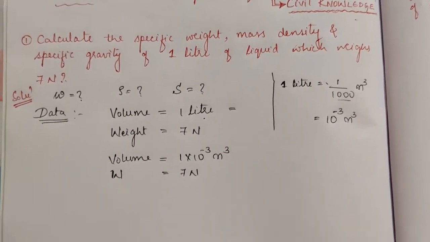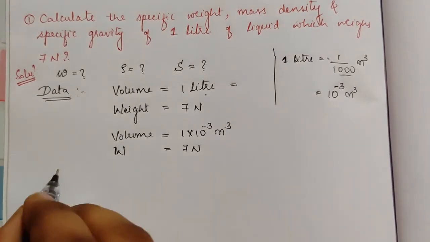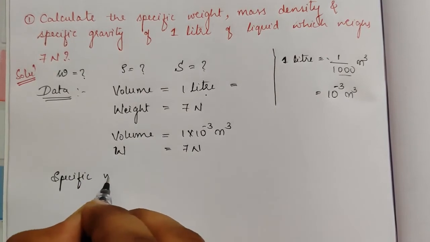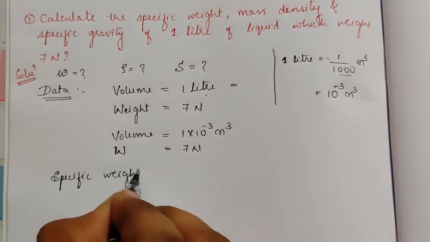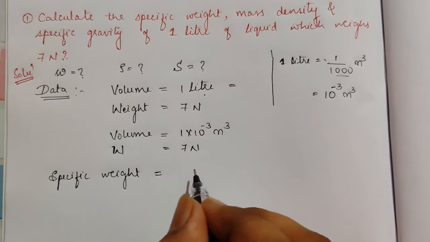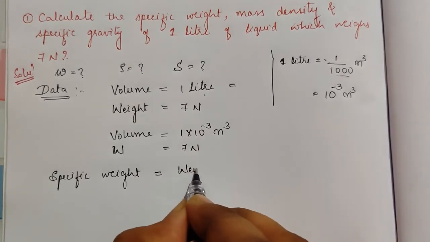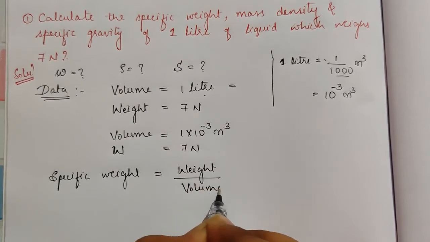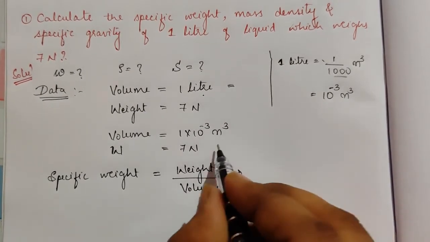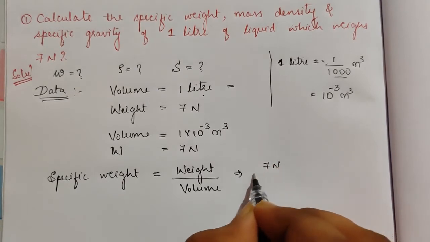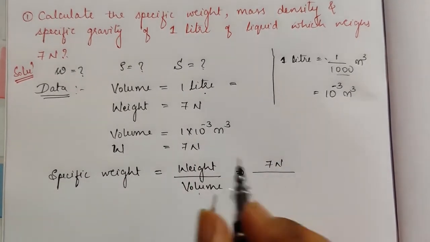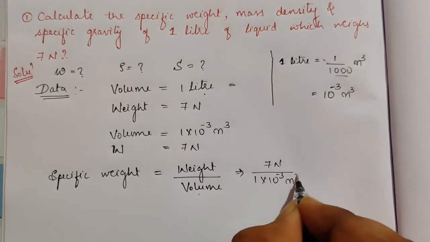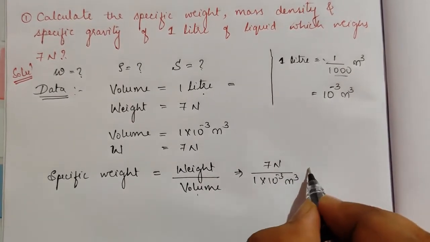So what we have to find? Specific weight. According to the definition, specific weight is equal to weight per unit volume, weight by volume. Weight is 7 Newton, and volume is 1 into 10 power minus 3 meter cube.